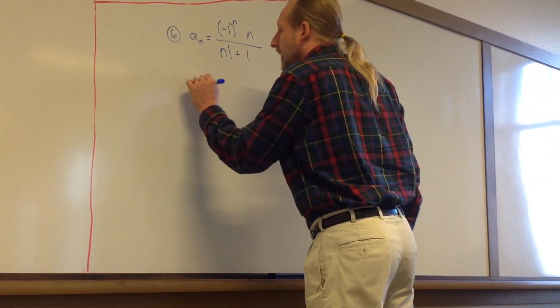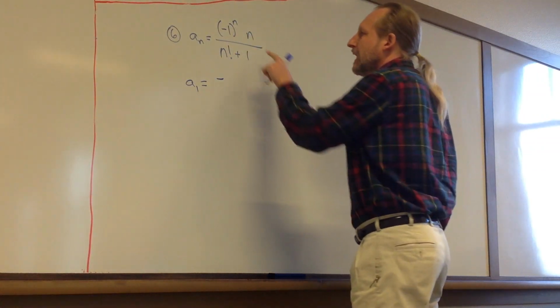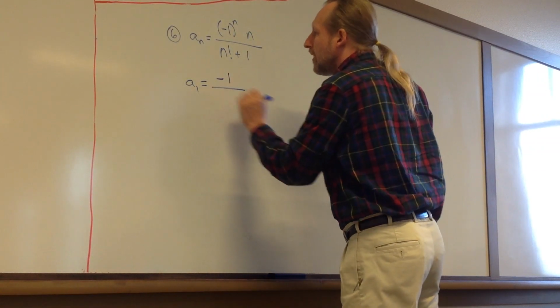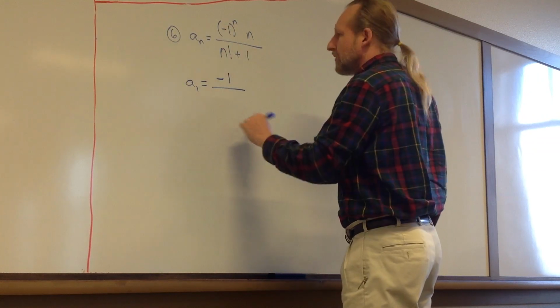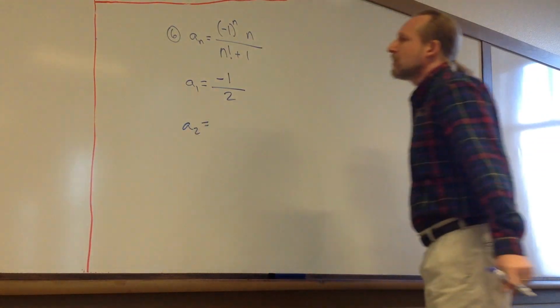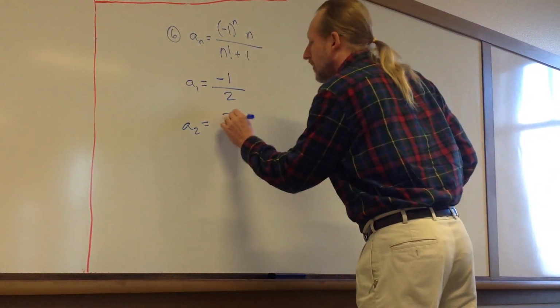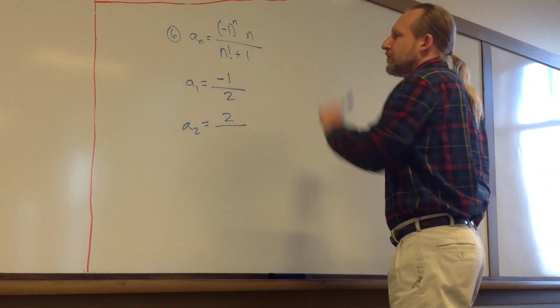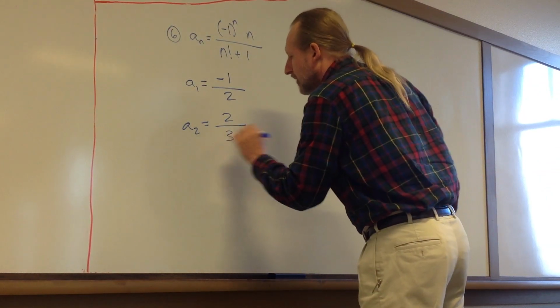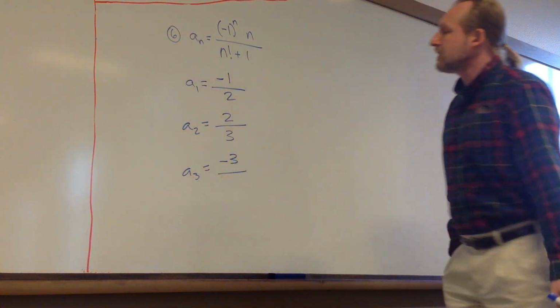So, a sub 1 will be negative 1 to the first power, which is negative. The n is 1, and on the bottom, 1 factorial is just 1, 1 plus 1 is 2. For a sub 2, this will be positive 2 on top. 2 factorial is 2, plus 1 is 3. This will be negative 3 on the top.